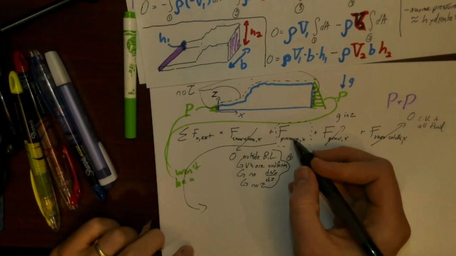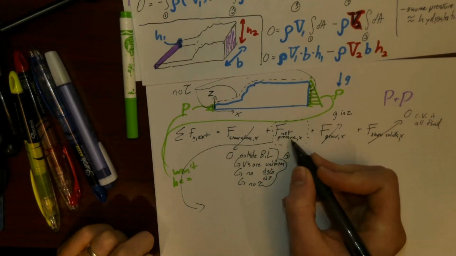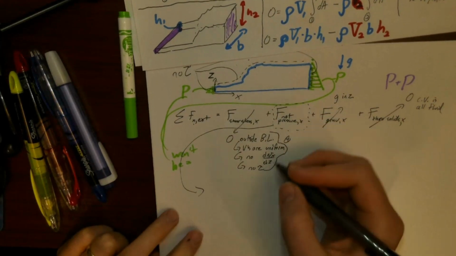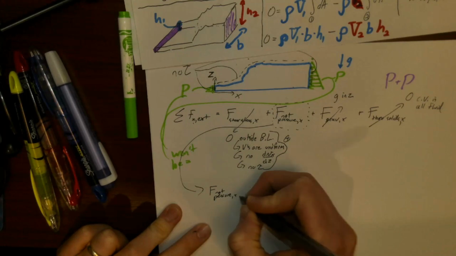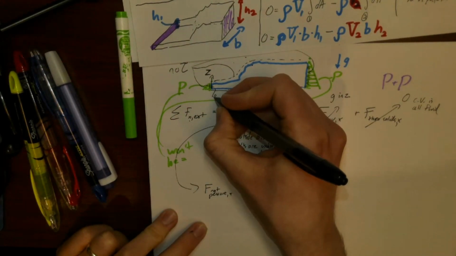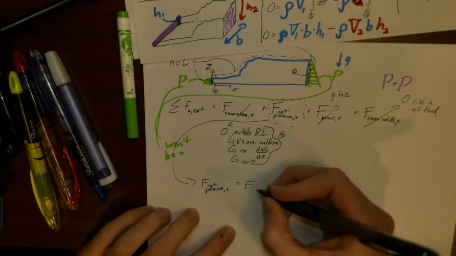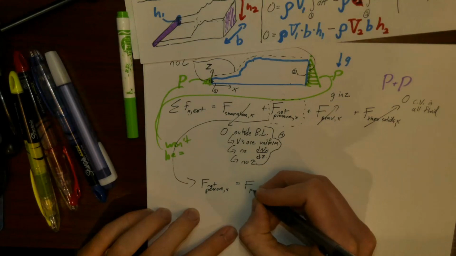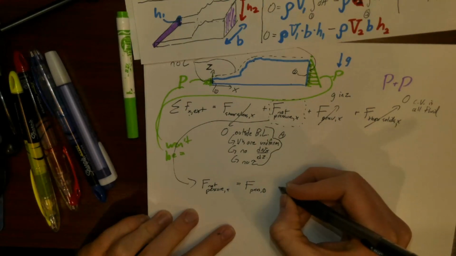So let's break this net, total pressure force into two pieces. We're going to break it into one force for surface 1 and another for surface 2 here. So we're basically going to say it's whatever pressure force would be from surface 1.